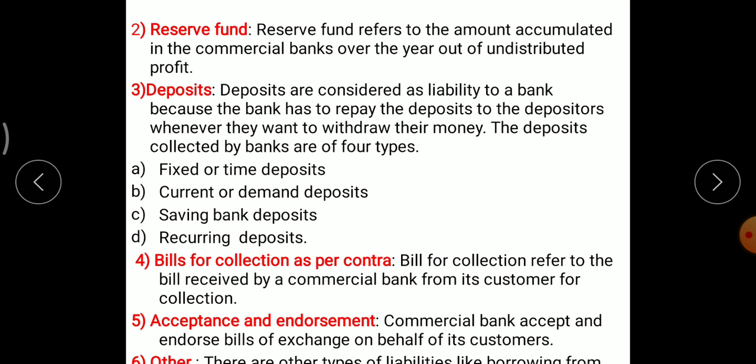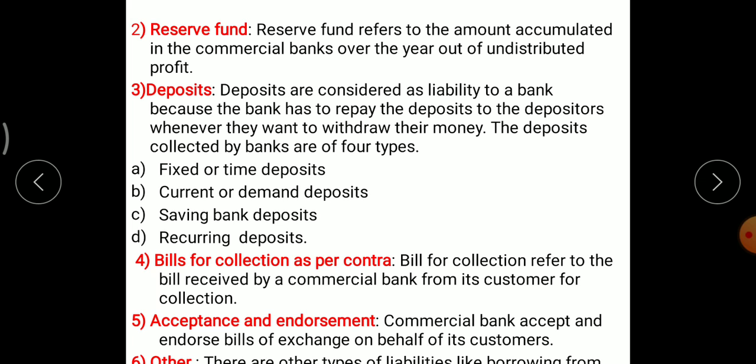So next we move on to the reserve fund. This also comes under the liability side. Reserve fund refers to the amount accumulated in the commercial banks over the years out of undistributed profit.